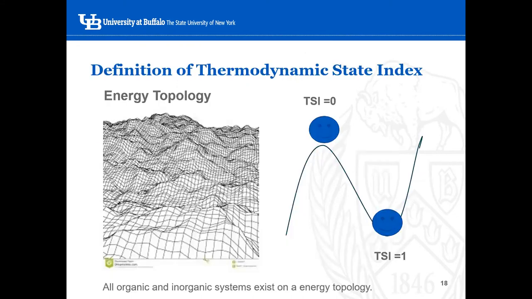So, in simple explanation for thermodynamics, thermodynamics says everything in nature exists on an energy terrain. Let's say we have a terrain like this, hills and mountains and valleys. All organic and inorganic systems exist on an energy topology.